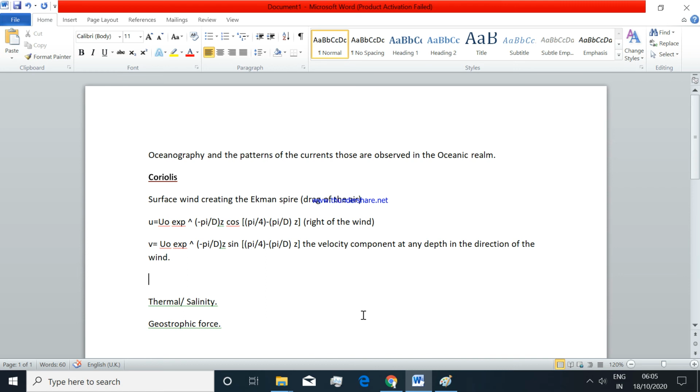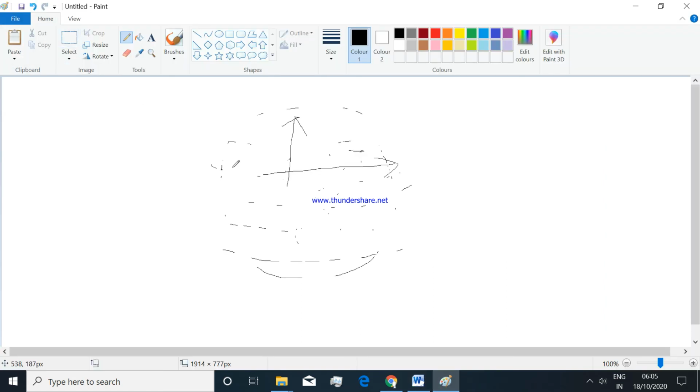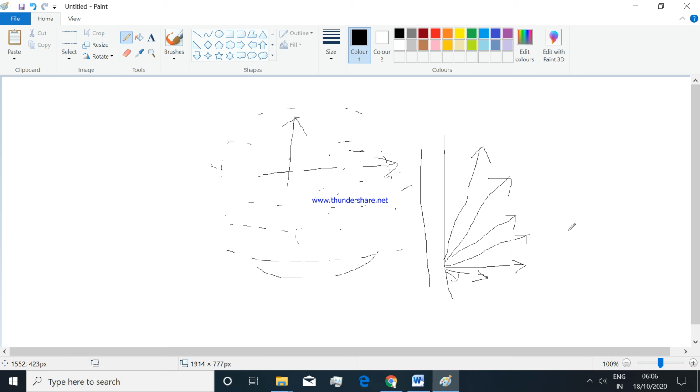Now what we might see from this equation is that with increasing depth or profiling, a vectorial component of the water, depending upon the velocity of the air, is generated, where we can see that at the water surface the velocity is directed at exactly 45 degrees to the right of the wind, and with depth the direction of the velocity swings further and further right, while the speed falls off exponentially.